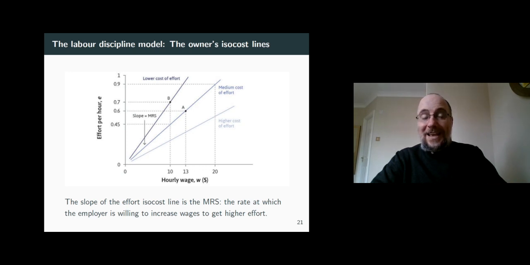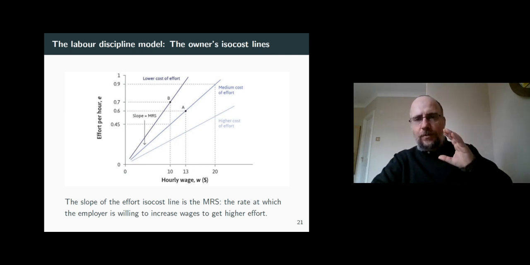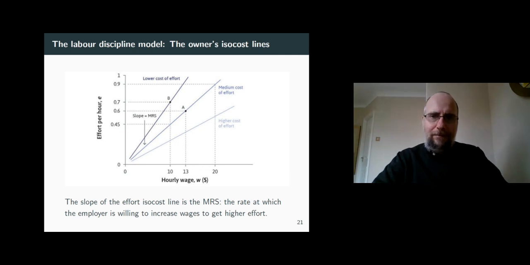However, the firm is not indifferent between point A and point B. The firm strictly prefers point B, because at point B, the compensation it pays for the extra effort is lower than at point A. And that's the key to understanding equilibrium in this model.